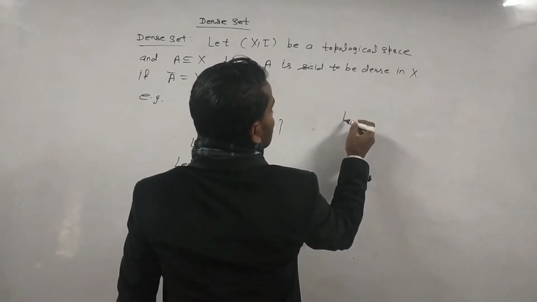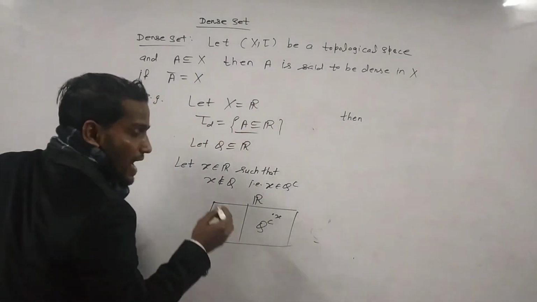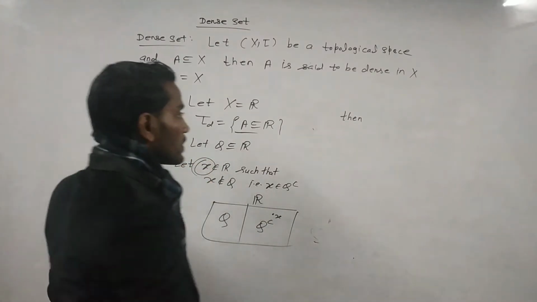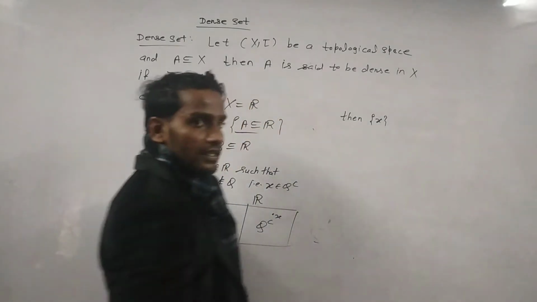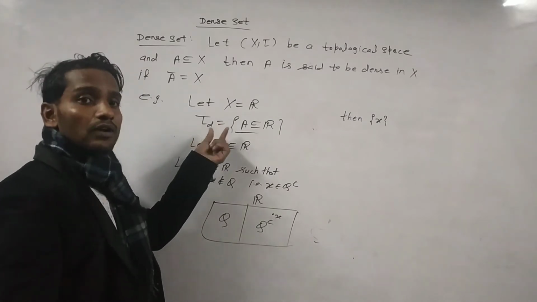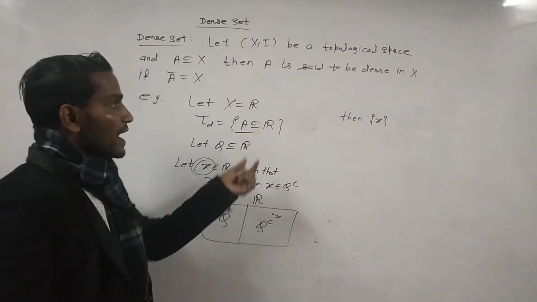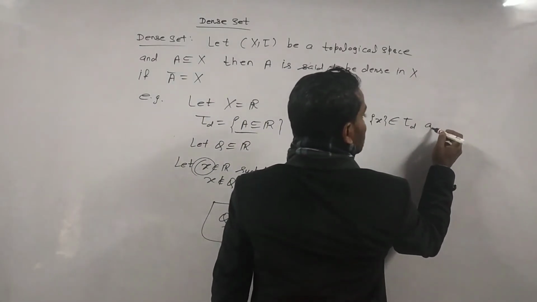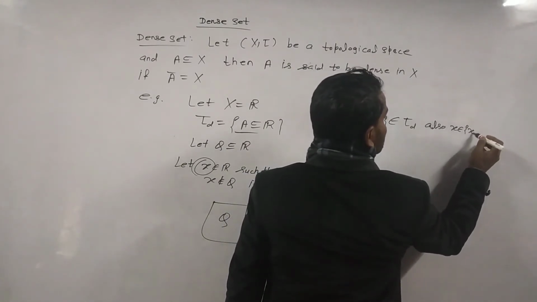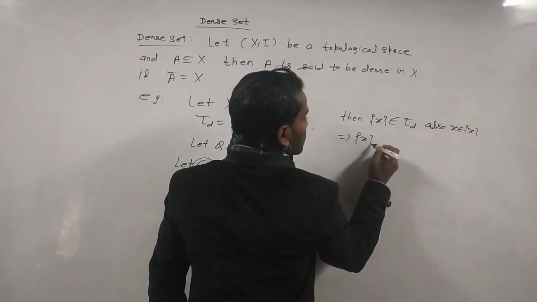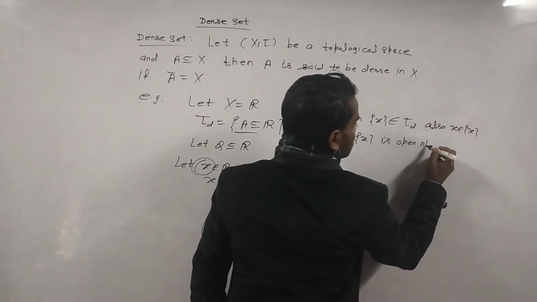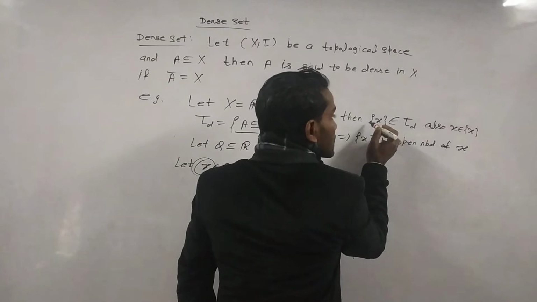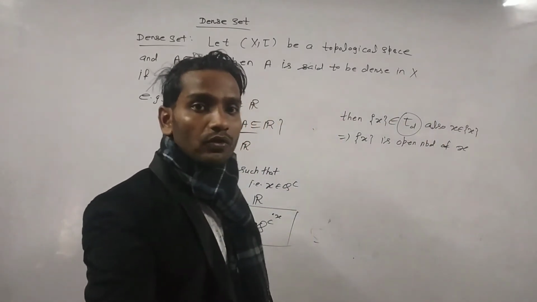Then if X is any element of R, the subset corresponding to this is singleton X. Singleton X is a subset of R, and tau D is the collection of all subsets of R. Then singleton X will belong to tau D. Also X belongs to singleton X. This implies singleton X is an open neighborhood, open because singleton X belongs to tau D and every element of tau D is open.